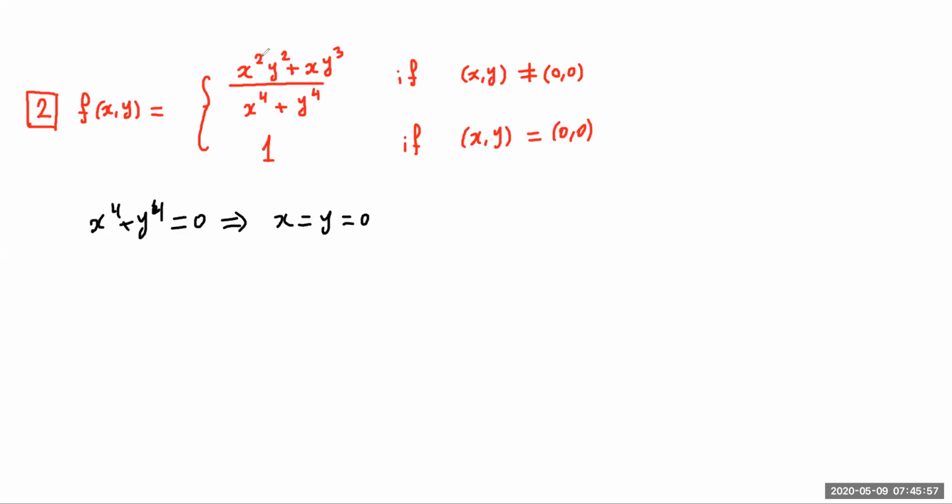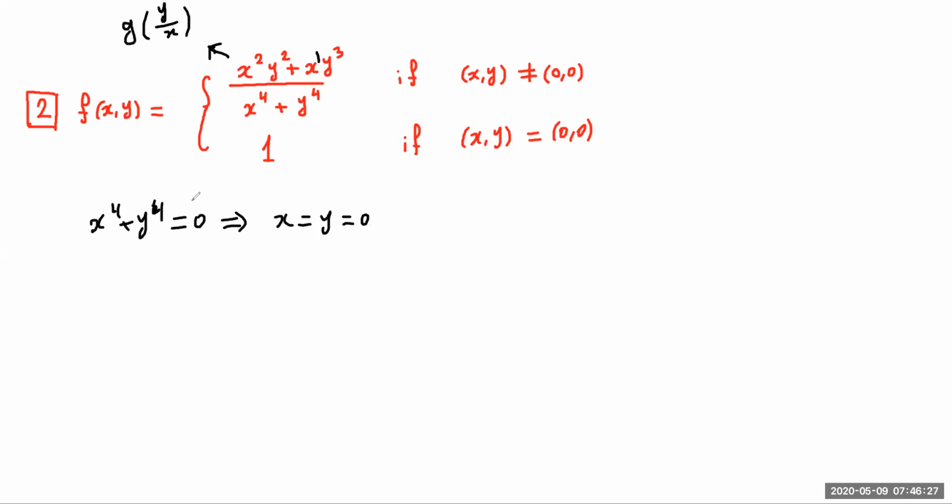Now remark that the degree of the term x squared y squared is 4, and the degree of x y cubed is also 4, because x to the power 1 times y to the power 3, 1 plus 3, is 4. And down, each term is of degree 4. Because of this, this part could be written as a function of y over x, because the degree up for each term is 4 and down also.